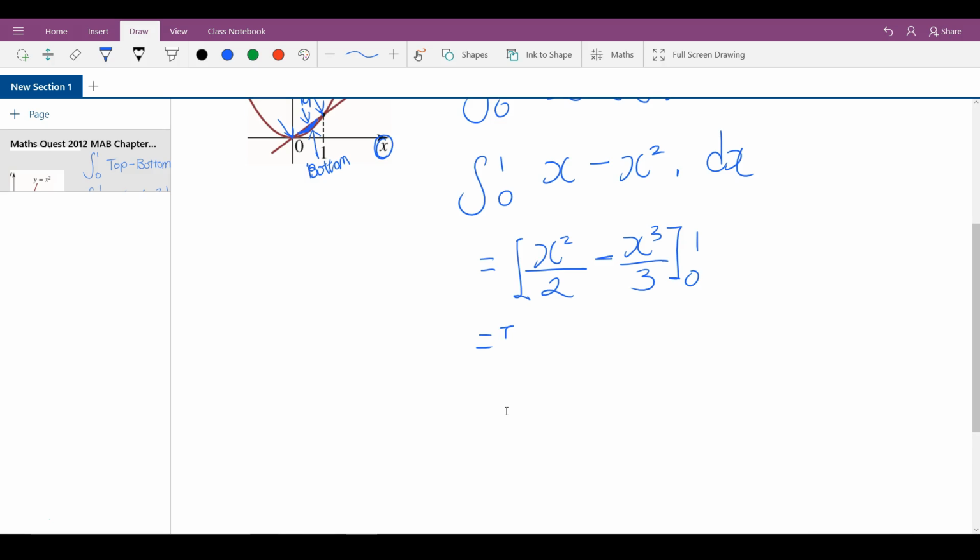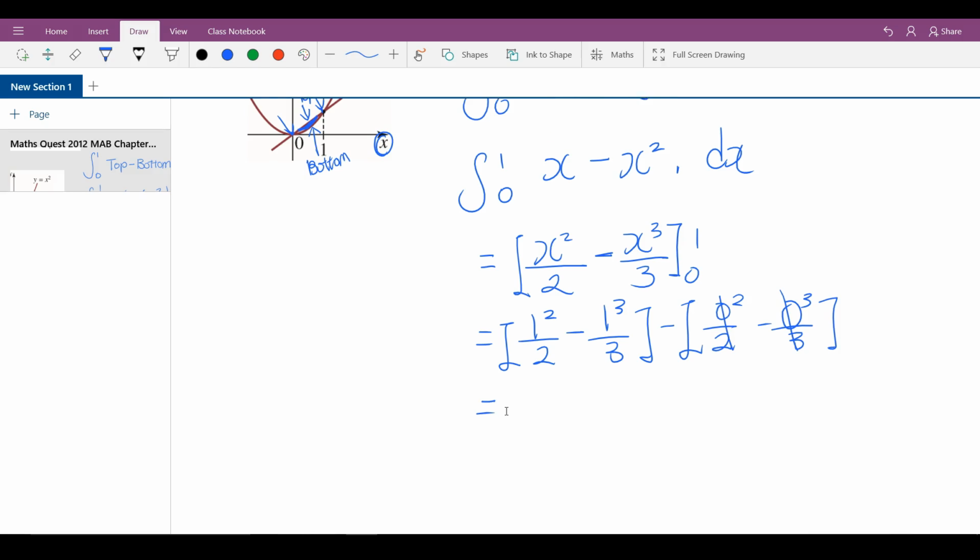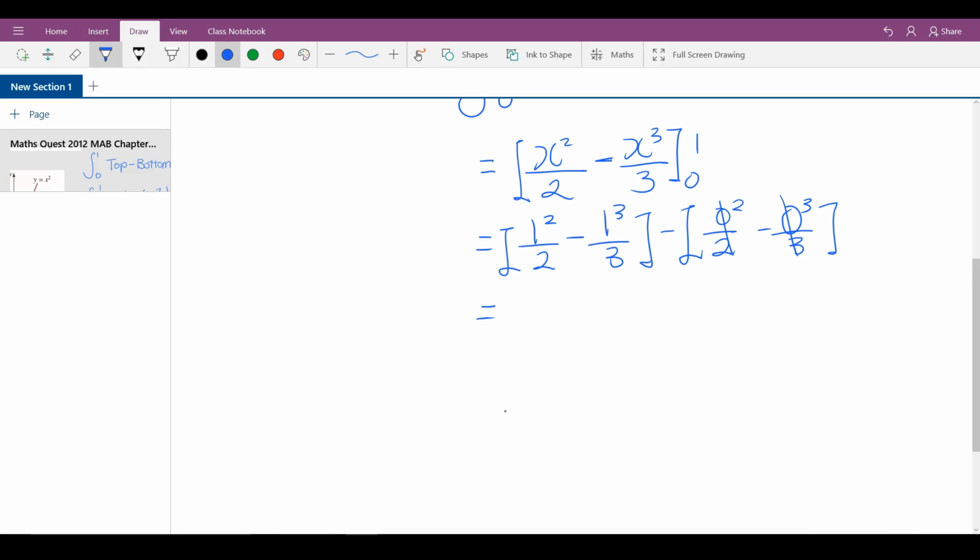So we sub in 0 and 1 into the x's and solve it. It's equal to 1 squared over 2 minus 1 cubed over 3, minus 0 squared over 2 minus 0 cubed over 3. This bit is gone. It doesn't matter how many times you square or cube 1, it's just 1.